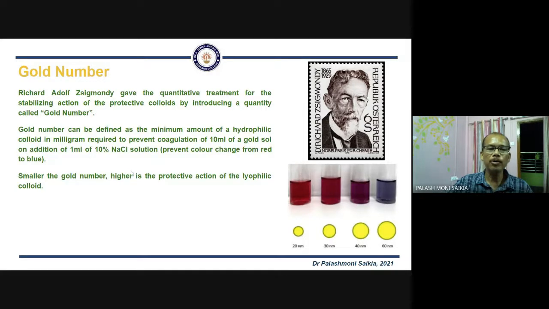But beforehand, if you add some lyophilic colloid, this color change can be prevented, coagulation can be prevented. What amount of the hydrophilic colloid do you need, in milligram? The minimum amount is called the gold number. So the smaller the gold number, the less amount you need, and we say the higher is the protective power of the lyophilic colloid.